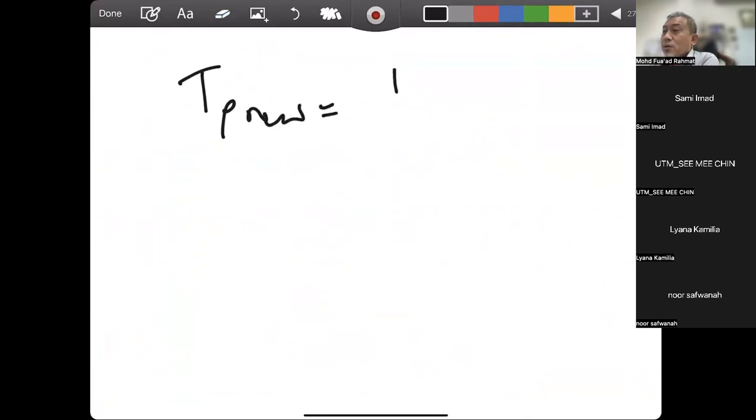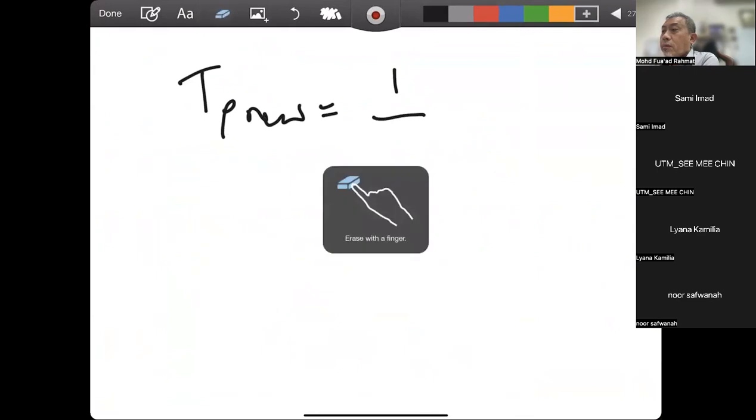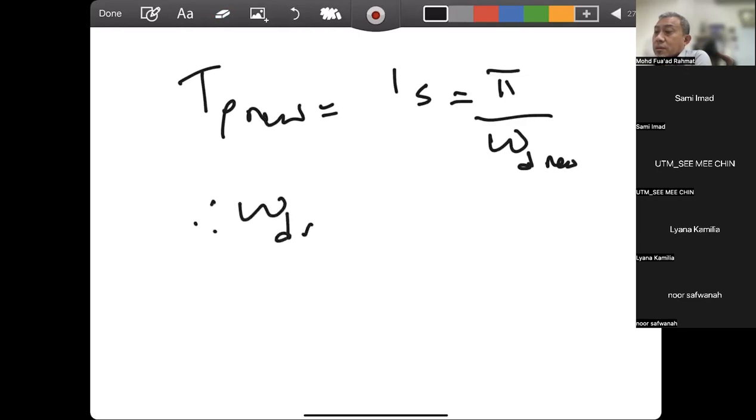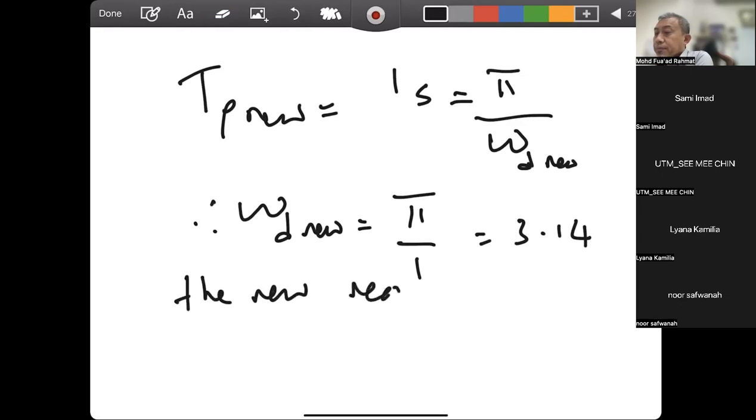Tp new is 1 second, which is equal to pi divided by omega d new, which is pi divided by 1, 3.14. So the new imaginary part is j 3.14.